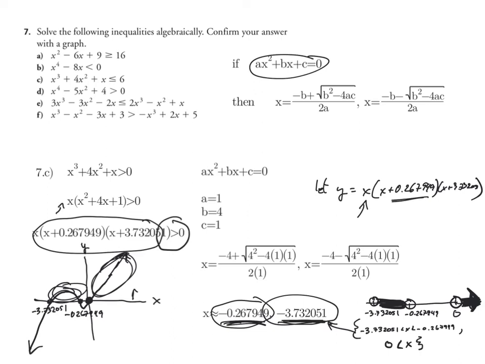And interval notation I'll do up here. I could just say it's anywhere from negative 3.732051 all the way to negative 0.267949. Also from 0 to infinity. So this is another notation.